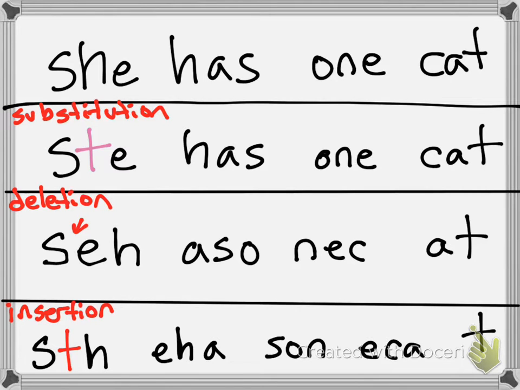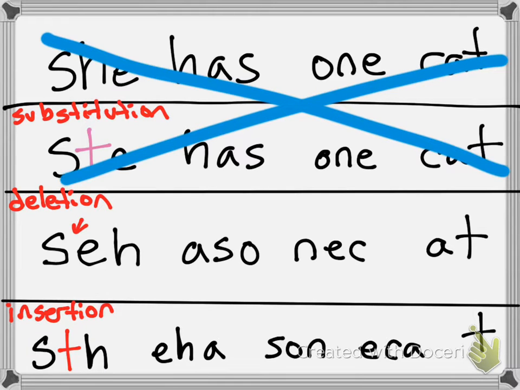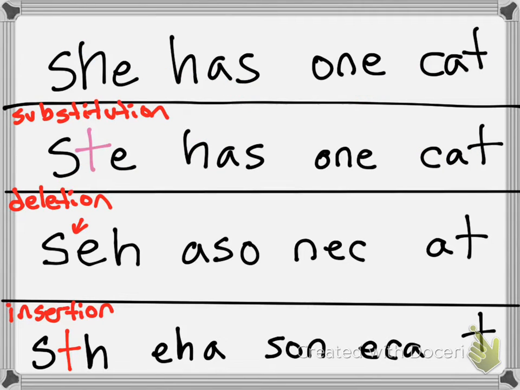If I just presented you guys with those 2 sentences right there, would you have any idea what the original sentence was? No. That's why deletion and insertion have the potential to be the most dangerous of all of them, because it's going to mess up the rest of the DNA down the entire line.